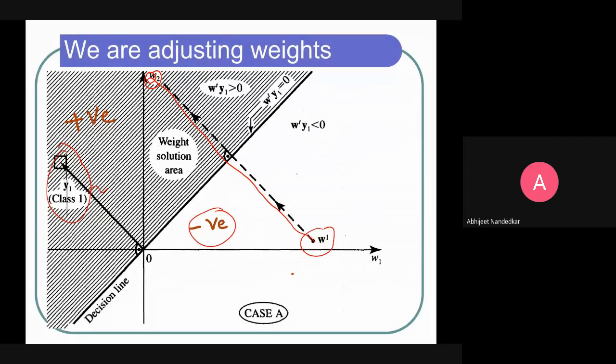That is how I adjust my weight. Now you can see the beauty of weight space. You can visualize how your weights are traveling. So you are traveling like this. This is the path so that you travel in the proper way.